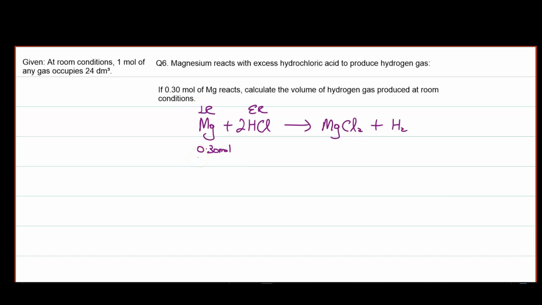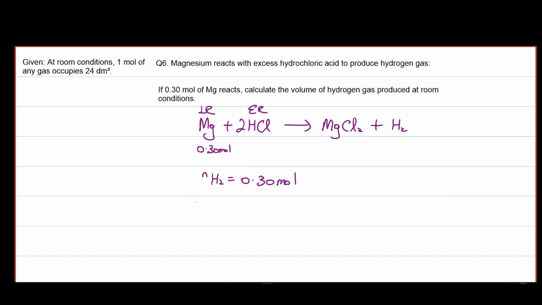It is the amount of limiting reagent that determines the yield of the reaction, which in this case is the hydrogen gas. So based on a balanced chemical equation, the mole ratio of magnesium to hydrogen is 1:1. So the number of moles of hydrogen gas is also equal to 0.30 mole.